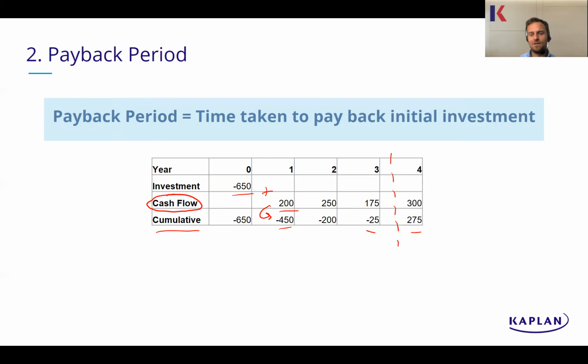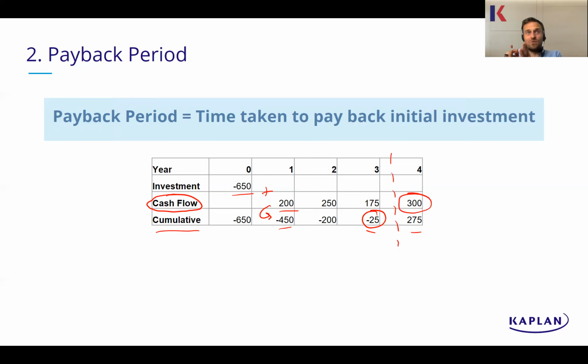Some questions and some exams want you to go into that little bit more detail and actually say specifically how many months it has taken us to pay it back. If you assume that we earn this 300 back evenly throughout year 4, so it's spread out nicely across the year, we can guess roughly how many months through the year we need to get to. Now, we only need 25 to break even, don't we?